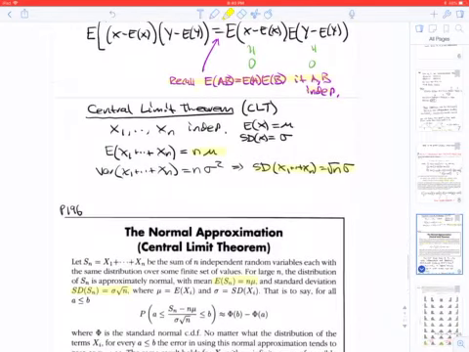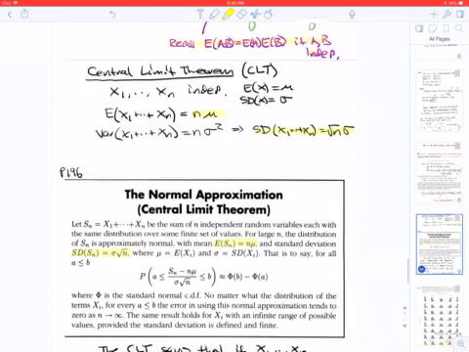And so here, if we have x1 to xn independent, they all have mean mu and SD sigma, then the expectation of the sum is n mu, and the variance of the sum is n sigma squared, again by independence. So the SD of the sum is the square root of n times sigma.